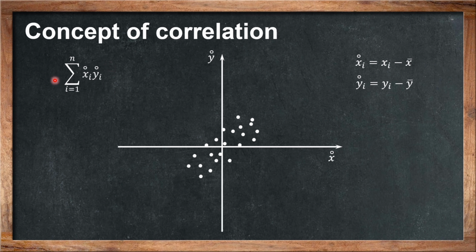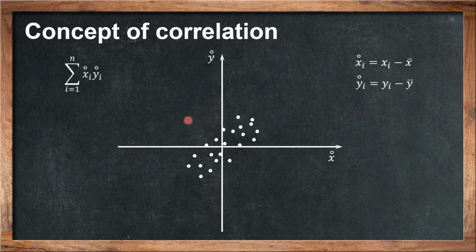So if this sum of products is positive, that means we can count on a positive relation between x and y. If this one is negative, that means it has a negative relation, because if the scatter plot is directed like this to the negative direction, we would have more data points in the second and the fourth quarters.